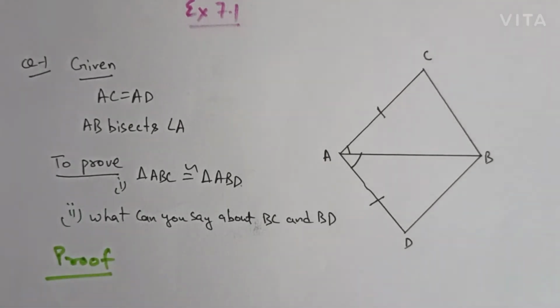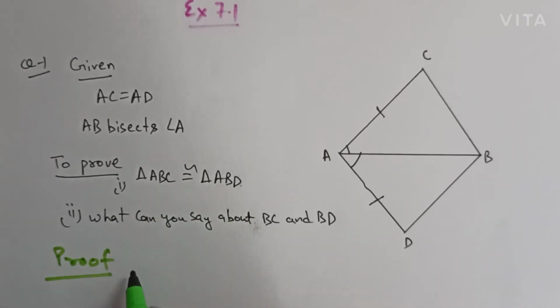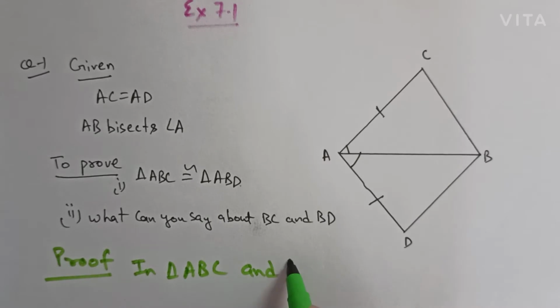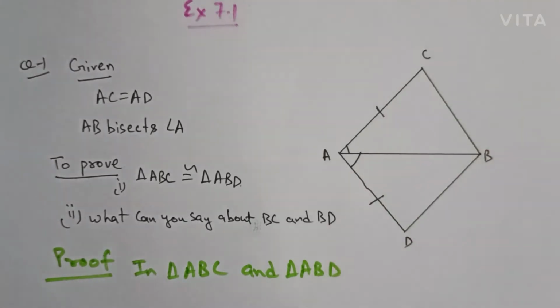So in this, first of all, we will see what we have to prove in the first part, triangle ABC and triangle ABD. So we will be starting with these two triangles only. So we will write in triangle ABC and triangle ABD. This is triangle ABC.